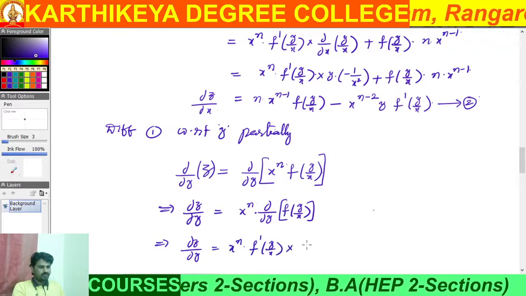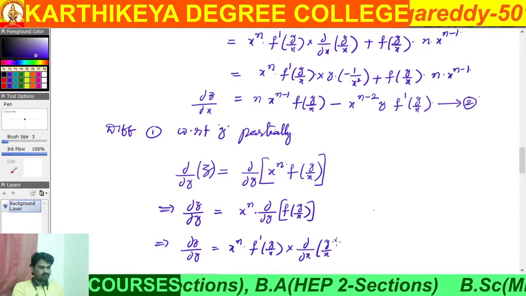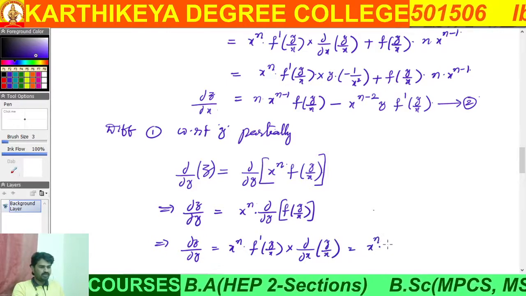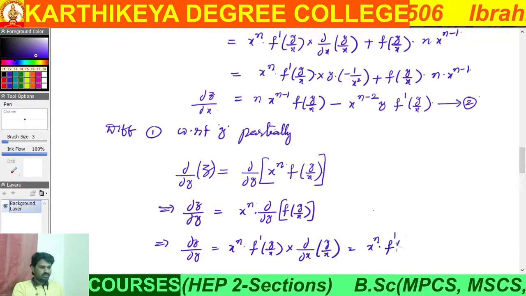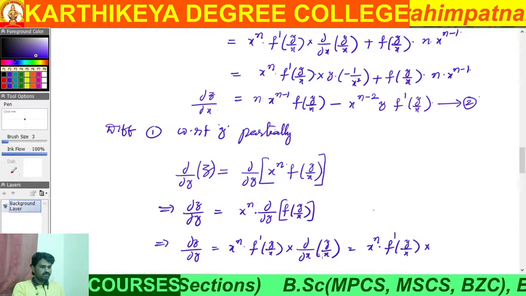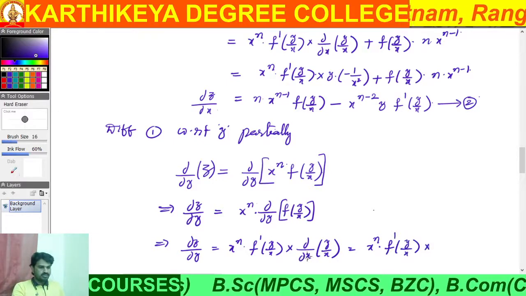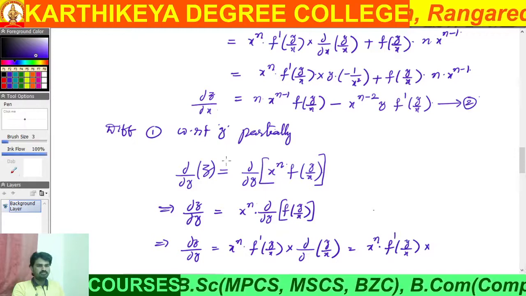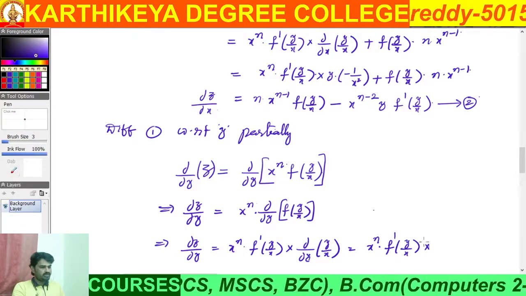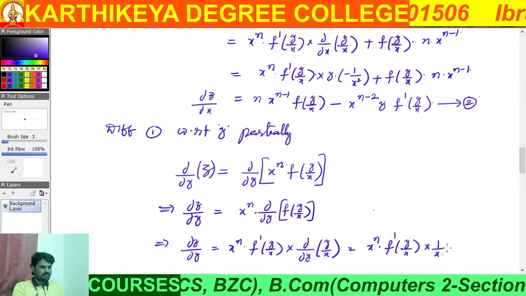Now you can differentiate the subfunction again. What is the subfunction you have? y by x. Now simplifying, x to the power of n into f dash of y by x into, when differentiating with respect to y, the denominator x, that is 1 by x, is the constant.